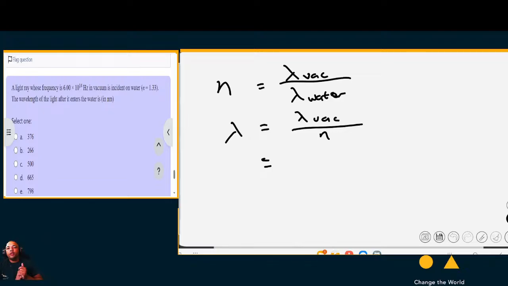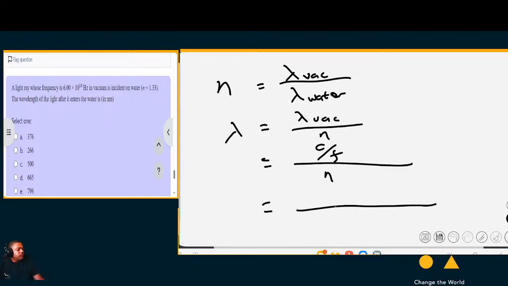Now what's the wavelength in vacuum? We have the frequency in vacuum, so we can calculate the wavelength in vacuum. The wavelength in vacuum is nothing but the speed of light divided by the frequency, because we've been given the frequency, divided by n.